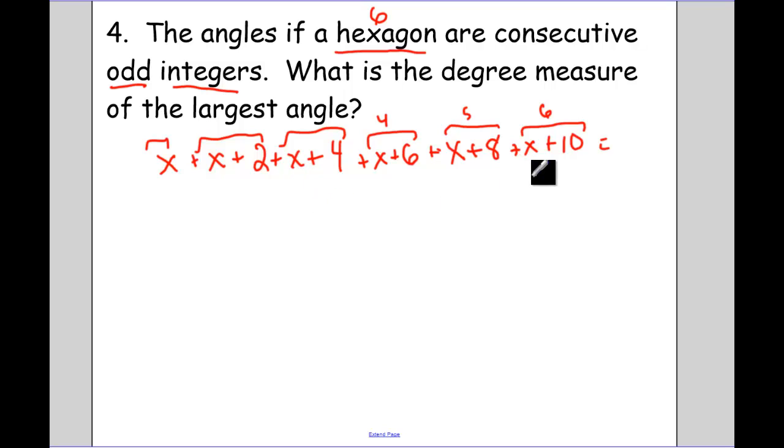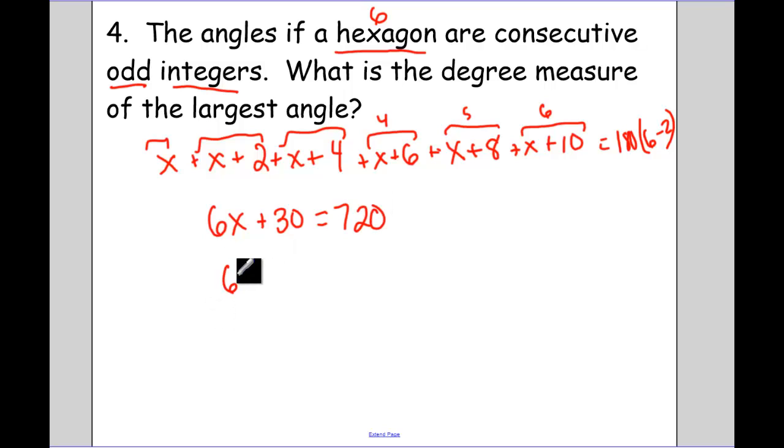Okay, now the sum of the angles of a hexagon is 180 times 6 minus 2. So I have 6x plus 30 is equal to 720. 6x equals 690. x is going to be equal to 115.